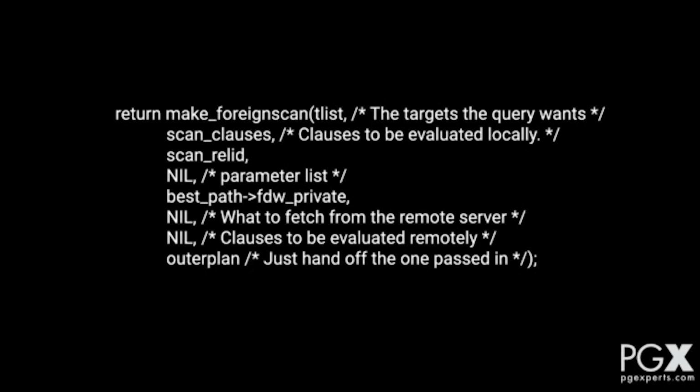That is to say the local database, the executor will do those for you. The way this is written, basically you're saying, I can't process any where clauses, I can't process any restrictions. I'm going to give you everything in the table, and it's up to you to filter it out, which is, for some data sources, the right answer.